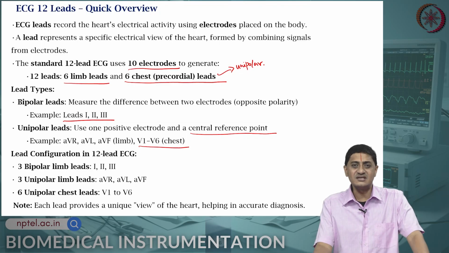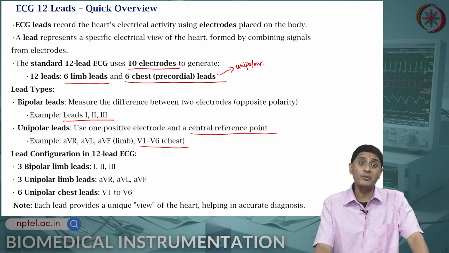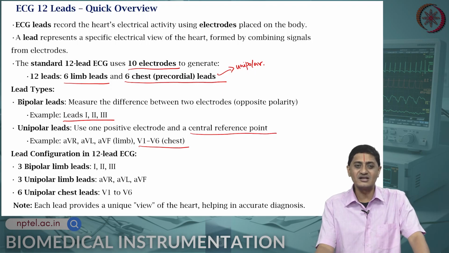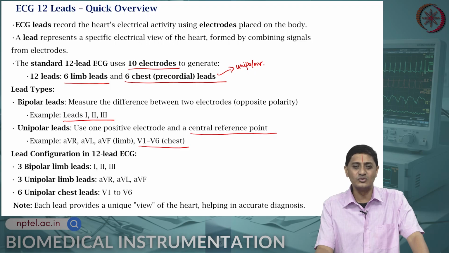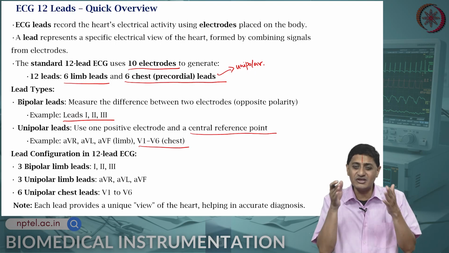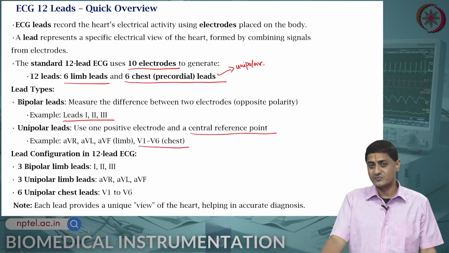So, essentially your 12 lead ECG will have 3 bipolar limb leads, lead 1, lead 2 and lead 3, and 3 unipolar limb leads, the augmented limb leads AVR, AVL and AVF, and 6 chest leads, the precordial leads, which are unipolar, V1 to V6. Each of these leads provides a unique view of the heart.